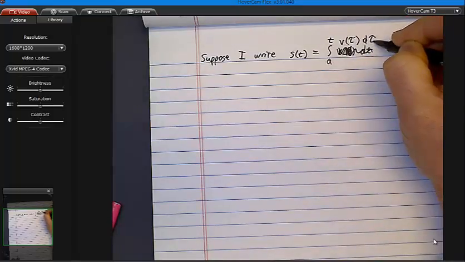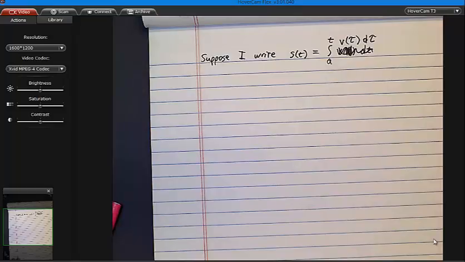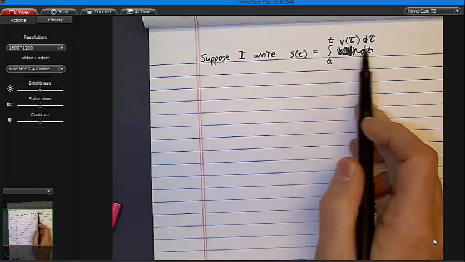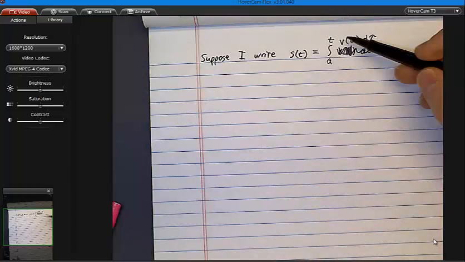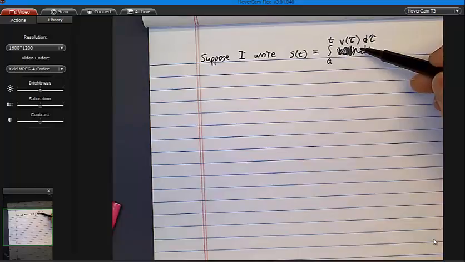Isn't it rush week for a lot of universities? I heard this weekend. Anyways, v of tau, d tau. We'll honor them. Okay? But what Kathy said is also important. Wait, we were supposed to have absolute values for this formula to work.